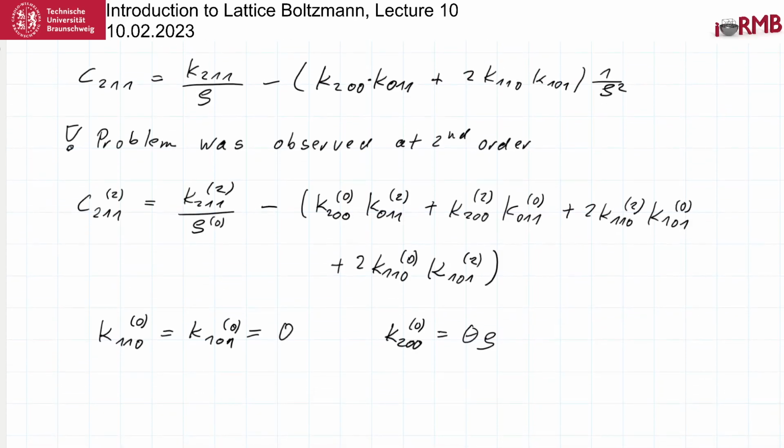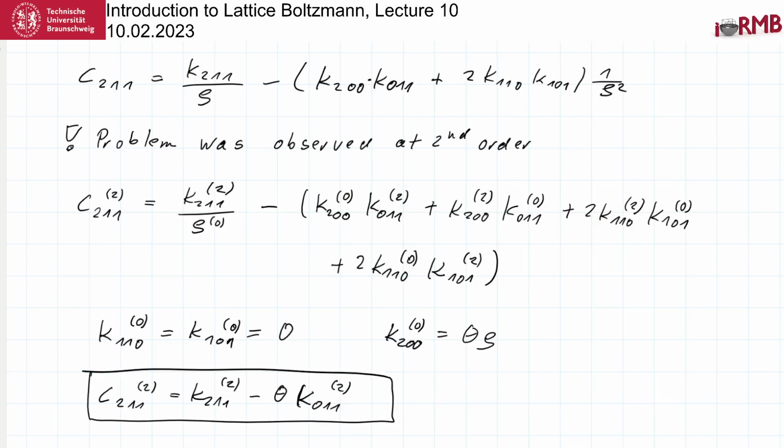So if we plug all of this in here, we get C211 to second order is equal to K211 to second order minus theta K011 to second order, which is exactly what we wanted to have, with the additional feature that, unlike in the MRT world, this is also Galilean invariant on top of it, right?